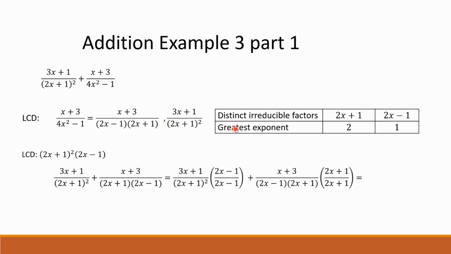We need the greatest exponent, which is 2. The only exponent of 2x minus 1 is 1, so we just take that. So the LCD is 2x plus 1 squared times 2x minus 1. If the exponent's 1, we don't write it. So together, this is the LCD.